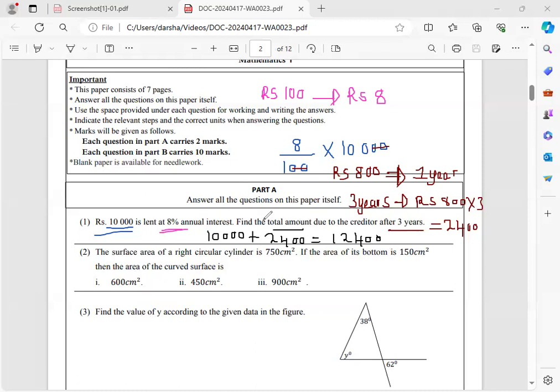We must be careful with this wording. If they ask for the total interest, the answer would be 2,400. If they ask for the total amount with the loan amount, we have to add the interest also: 10,000 plus 2,400 equals 12,400.